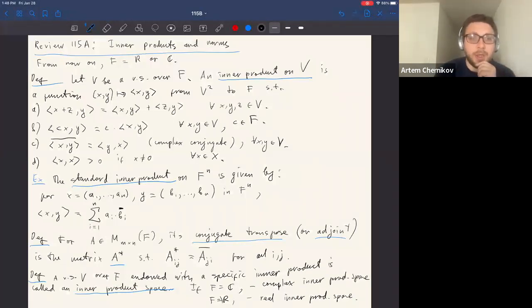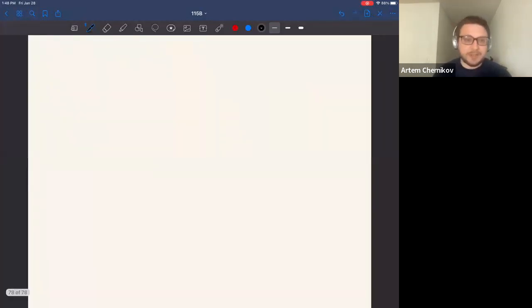All right. So now we have a theorem from 115A, which summarizes some of the basic properties of inner products. This was theorem 6.1, which I recall. Let V be an inner product space, I will write IPS for brevity.